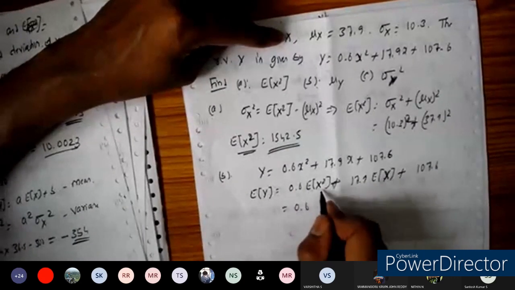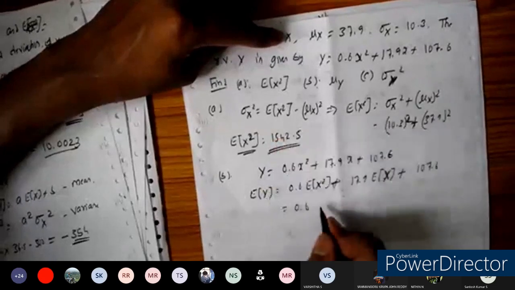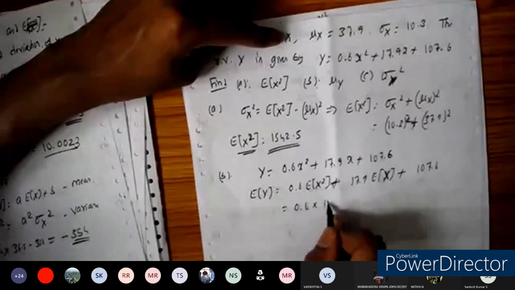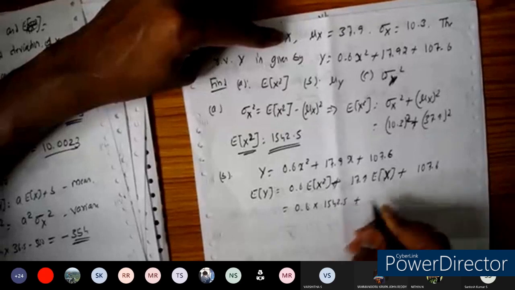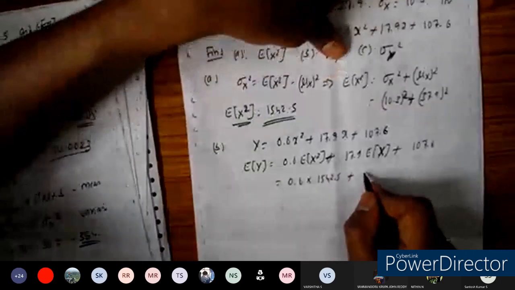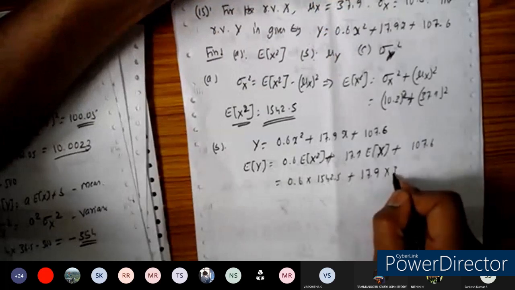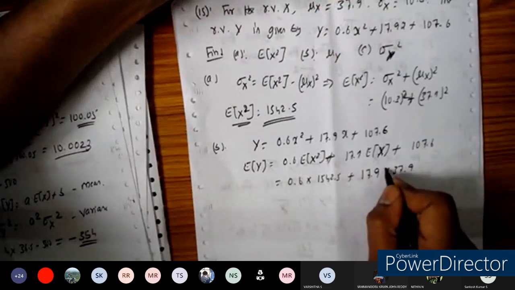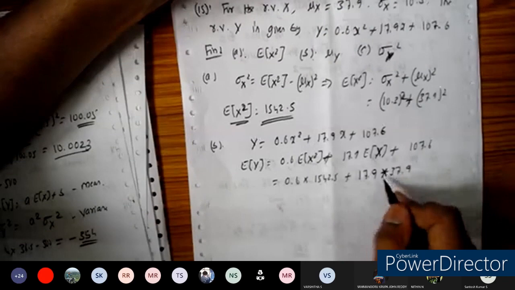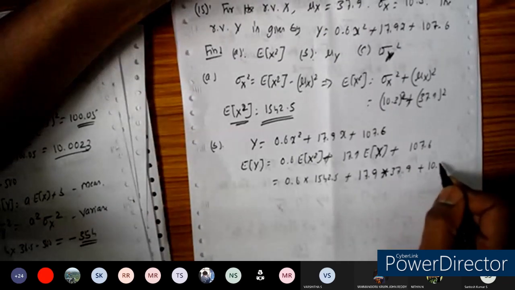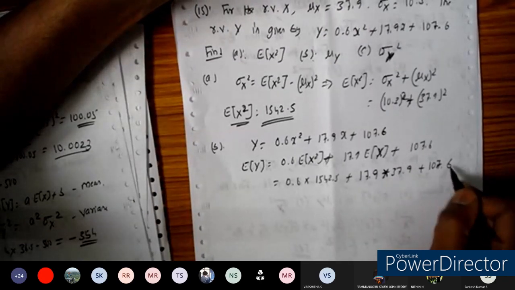So 0.6 into the expected value of x square, which is 1542.5, plus 17.9 into the mean value, 37.9, plus 107.6.